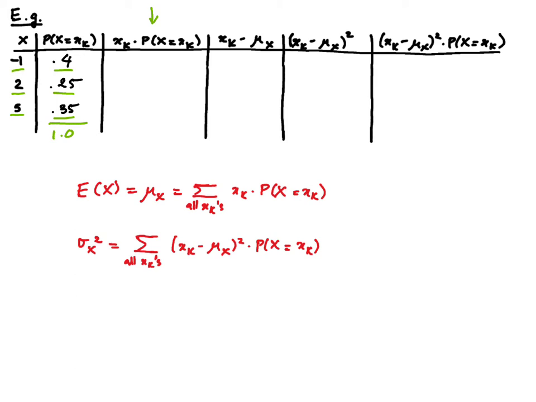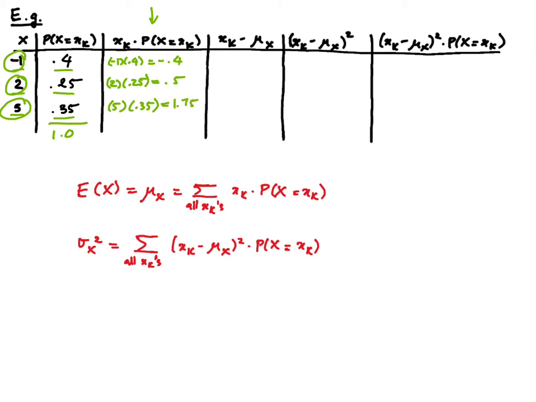So what we want to do here is take each of the xk's, so each of these numbers, and multiply by its probabilities. So we get -1 times 0.4, that gives us -0.4. We have 2 times 0.25, that gives us 0.5, and then we have 5 times 0.35, that gives us 1.75.